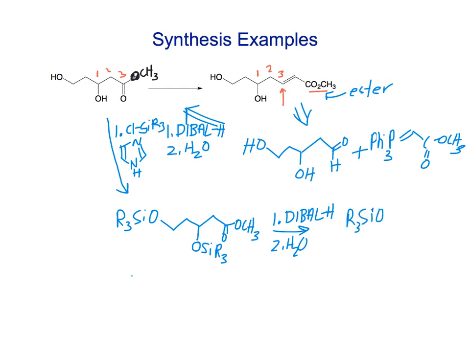Basic conditions don't affect the silyl ethers. And this will go to the aldehyde. Then we're going to react this aldehyde with this ylide right there that I already drew, and we're going to do the Wittig reaction.